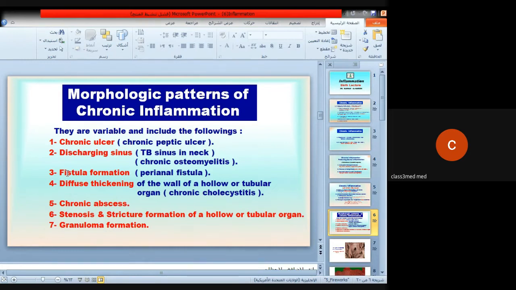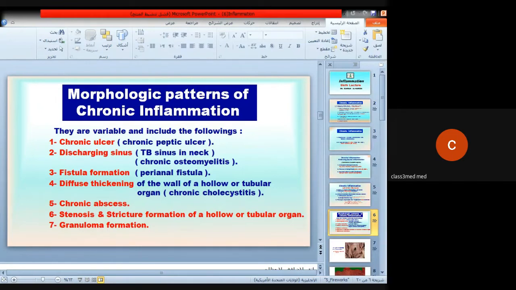Okay, fistula هي abnormal tract connected between two hollow organs, يعني organ من جوا, or tubular organs. Both ends are open, such as in a perianal fistula connected between anal skin and underlying muscle.